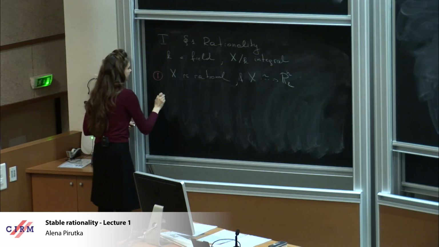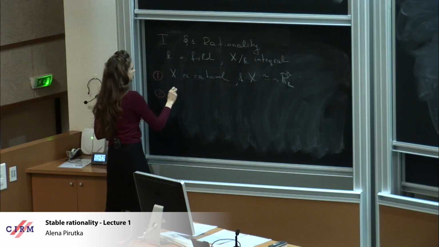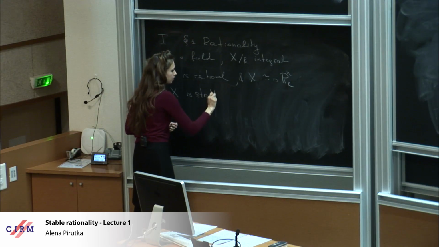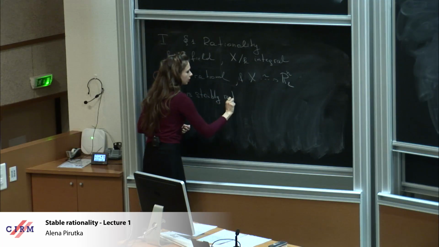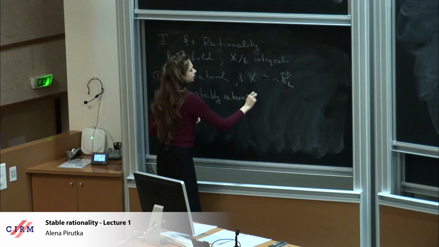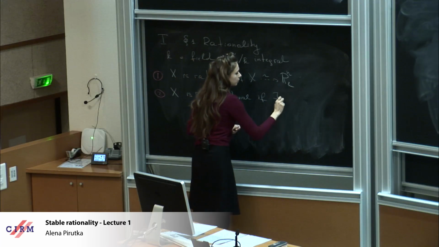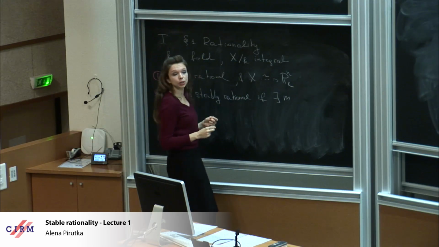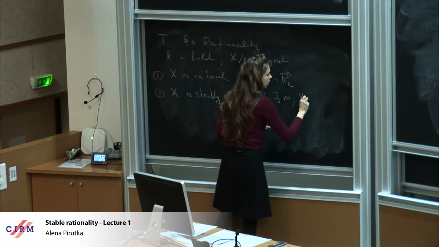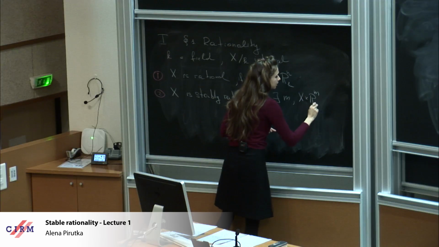Well, a slightly different notion is being stably rational. This means that X becomes rational once multiplied with some projective space. So if for some m, the product of X with a projective space is rational.